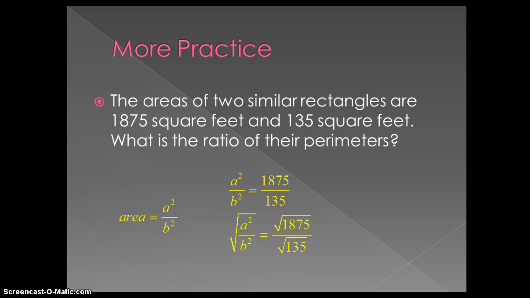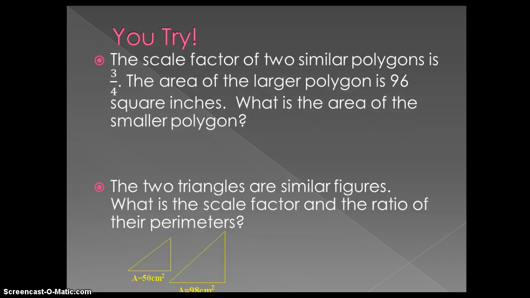So we're going to square root a squared and b squared, because that'll give us a and b. When we square root 1,875, we get 43.3, and we square root 135 and we get 11.6. So the ratio of their perimeters, or a to b, is going to be 43.3 to 11.6.